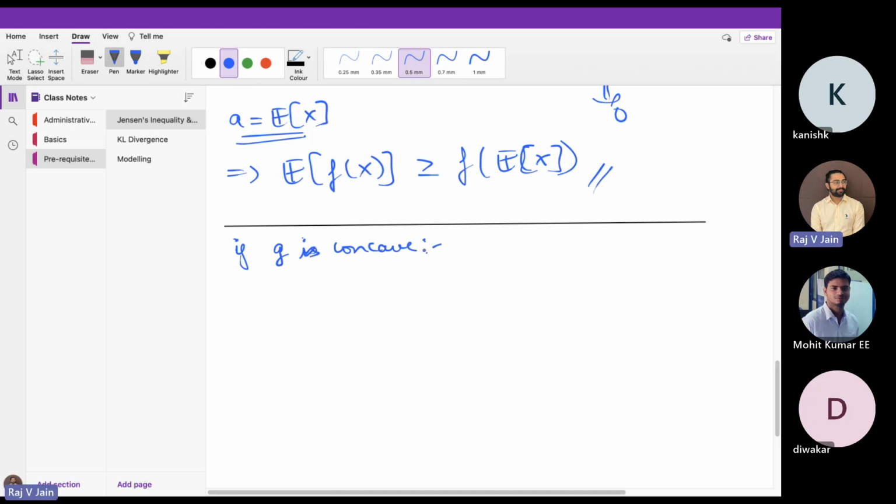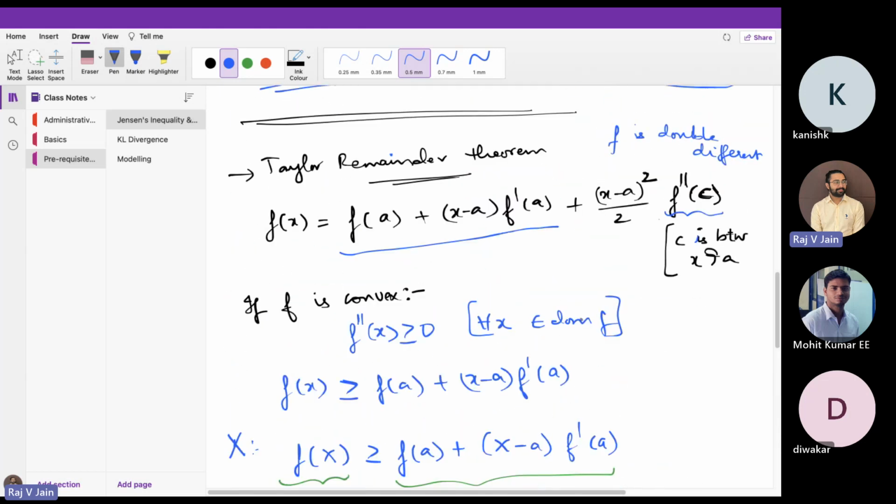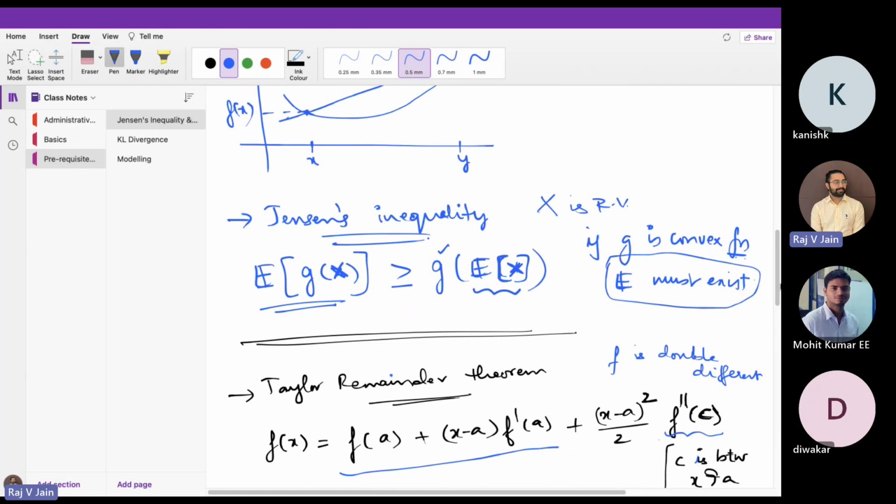If G is concave, minus G is convex. This idea is just from the definitions of concave and convex functions. So since minus G is convex, I can just look at it as G of E of x being greater than or equal to the expectation of G of x, that is, the expectation of G of x is less than or equal to G of E of x. This is when G is concave, and again expectations exist and double differentiability, all of that is implied.